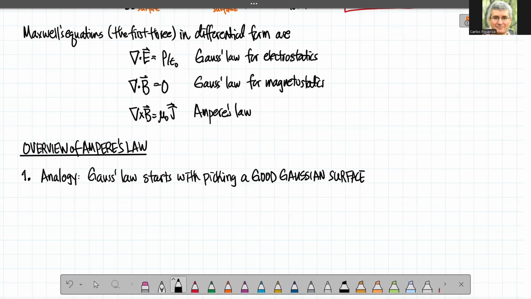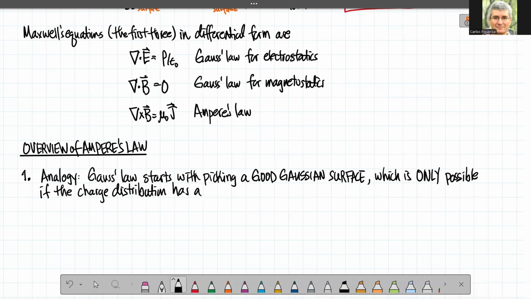That is key to everything, which is only possible if the charge distribution has a high degree of symmetry.